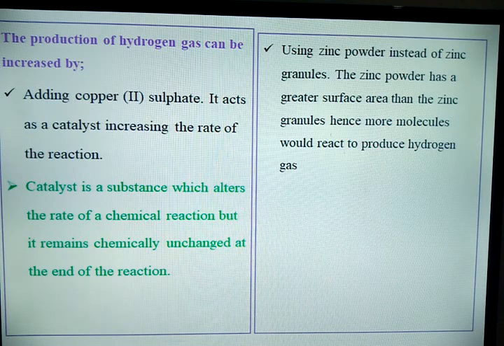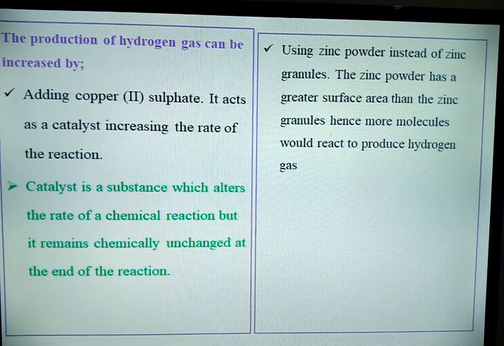Catalysts, like we've defined there, are substances which alter the rate of a chemical reaction, but do not take part in that chemical reaction. That's why when we are writing the equation, we do not include copper 2 sulfate, because it is simply a catalyst.